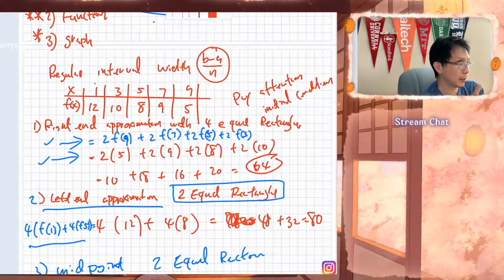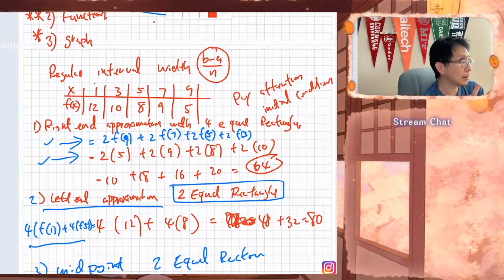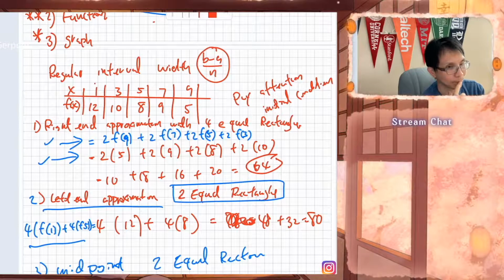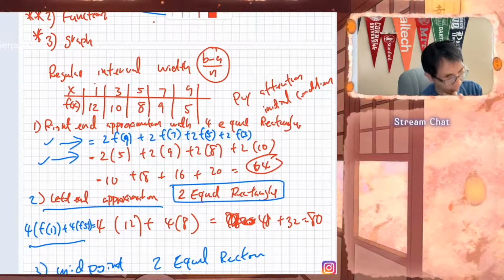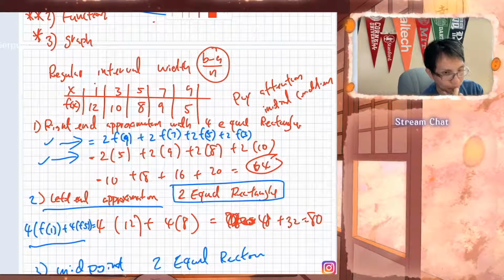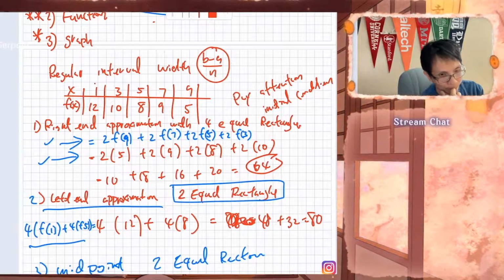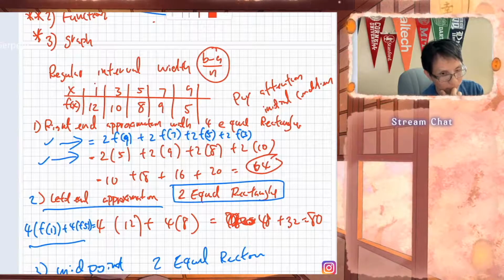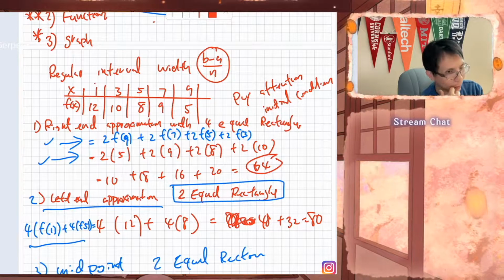Now, what if I did it in 2 rectangles? Can I do it with 2 rectangles? Yeah. What's the number you're going to get? With the midpoint. Isn't that the one you got 48? Nope. Isn't that the one we did yesterday? No, I don't think so.